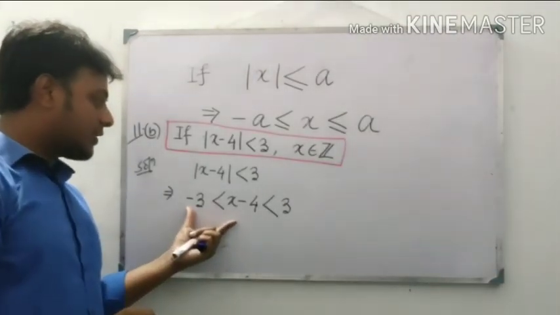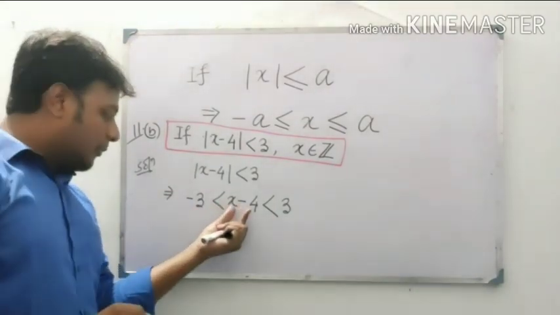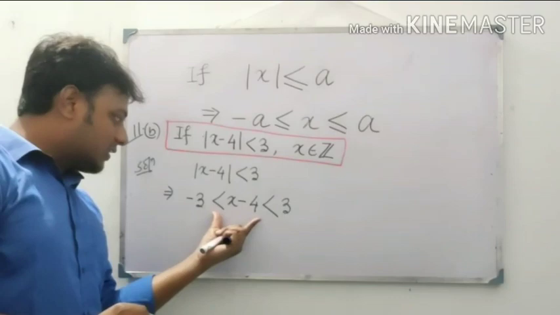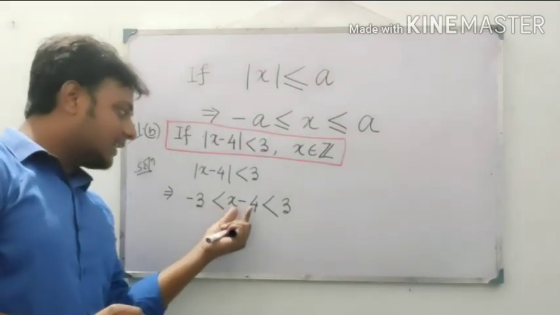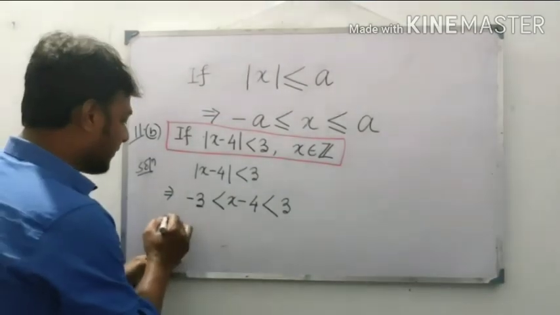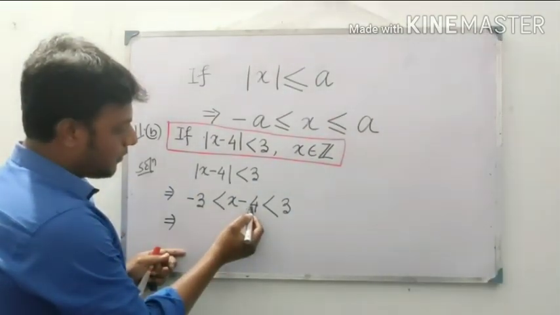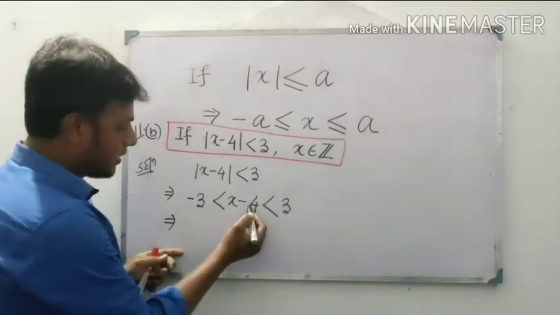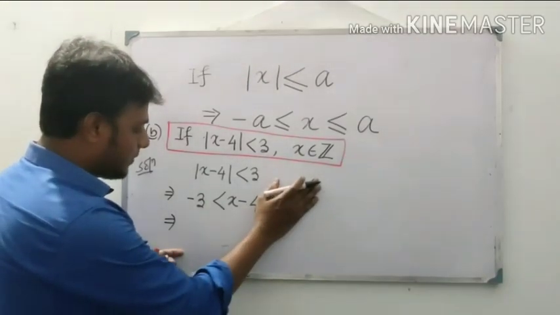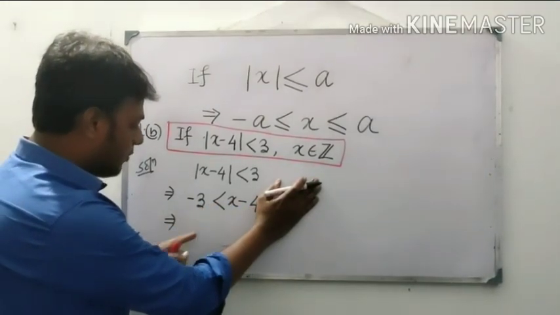You can consider the first part and second part, and one more method is there. Since in this problem the only x-related term is in the middle position, we can solve directly. Why? Just remove this 4 from both sides, so that is minus, just hide this part, then on this side you have to consider this 4, then it will be positive.